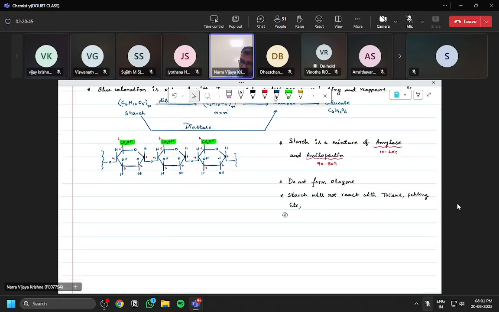So this is amylose. In amylose, you will have C1, C4 alpha glycosidic linkages. Approximately 100 to 300 glucose units are present.